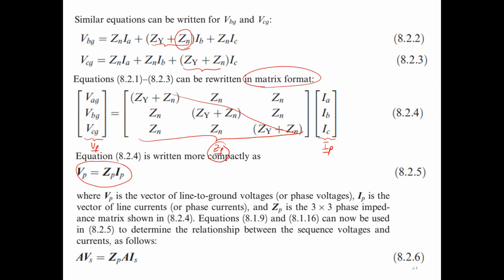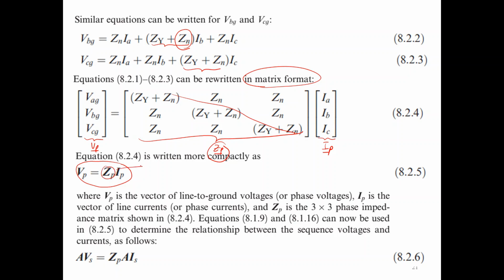What we are interested in is the relationship of CP in terms of CS. The CS here stands for the impedance matrix in the sequence network.